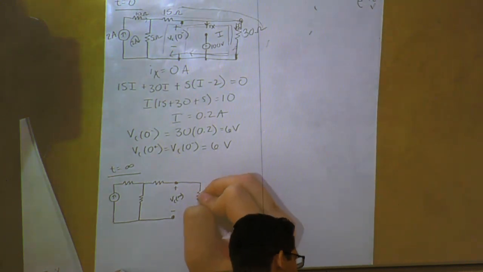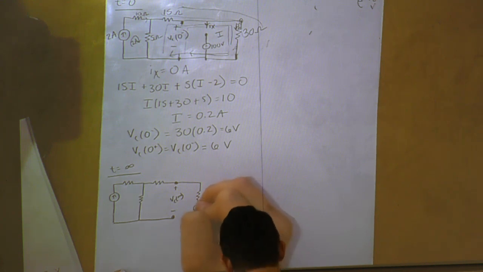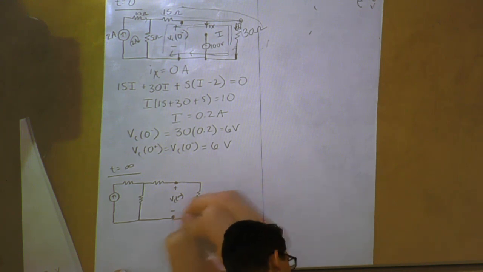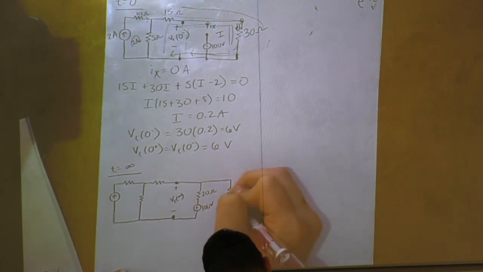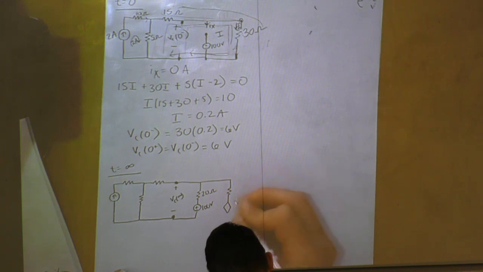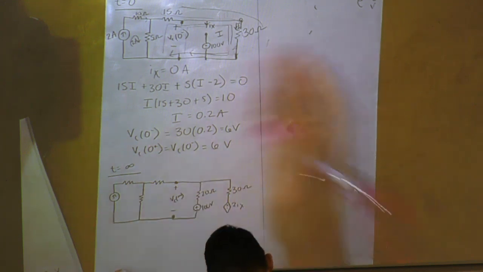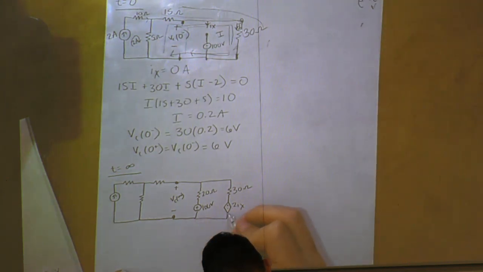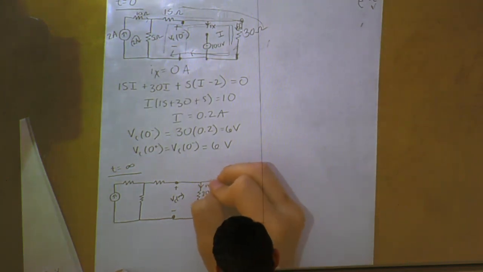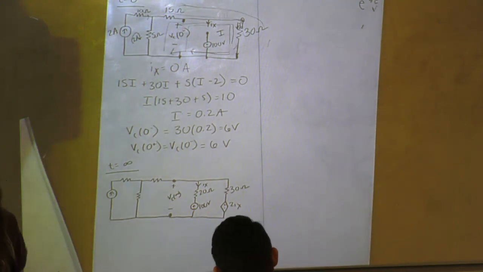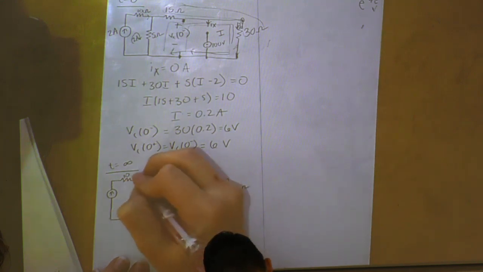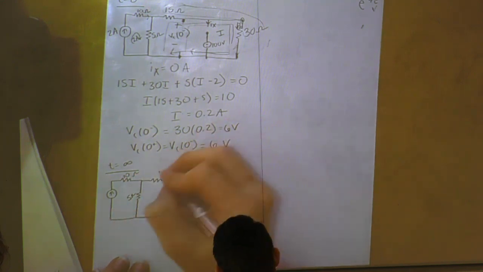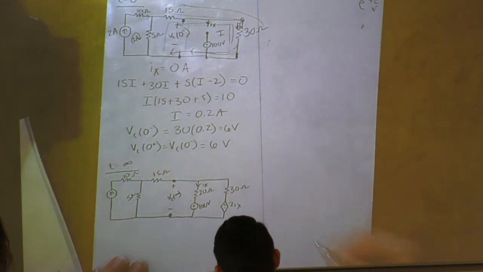So we'll have this resistor, and we'll be using this voltage. And our IX is now not 0. This is 10, 5, 15.